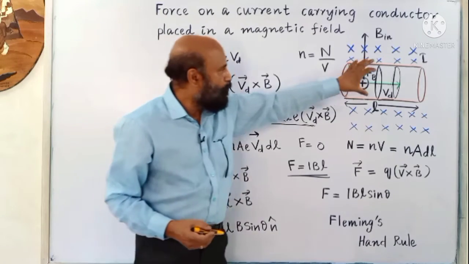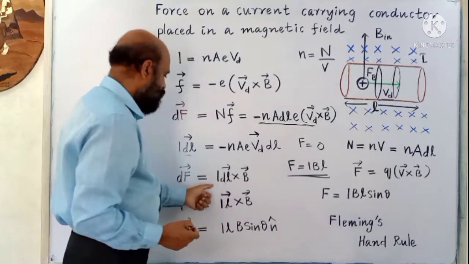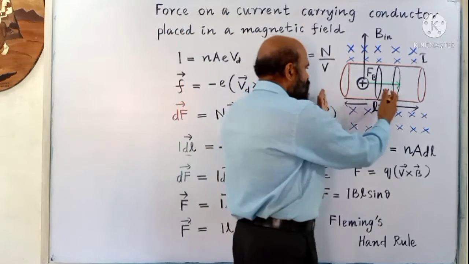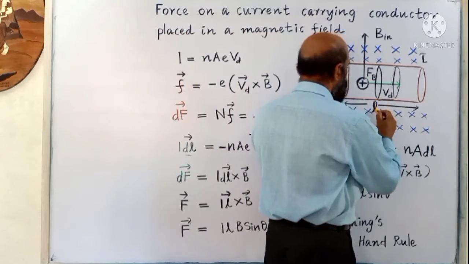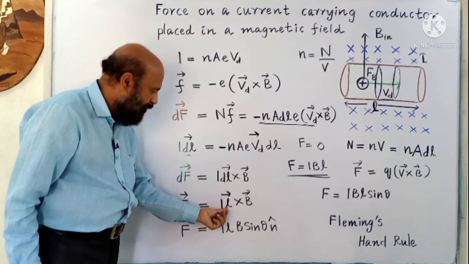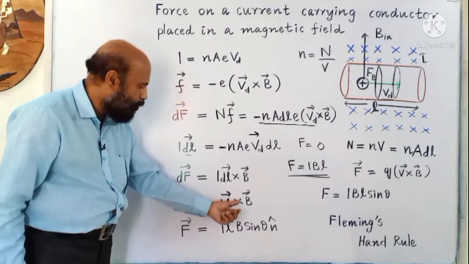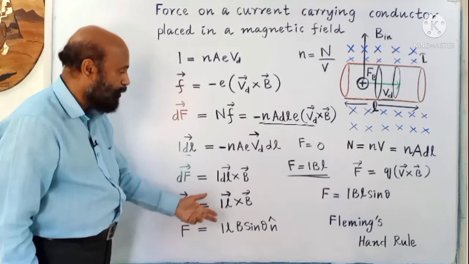So you are getting the force on this small element dF, then for the entire length L, instead of dl we can write L. So force is given by I L vector cross B vector, a cross product.